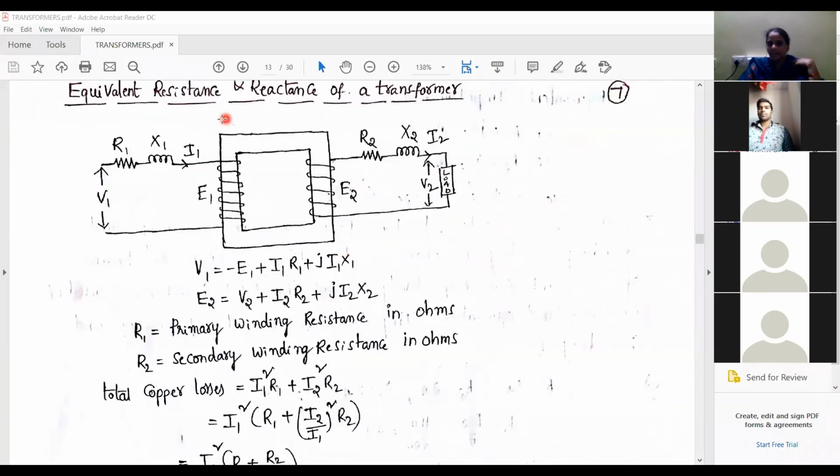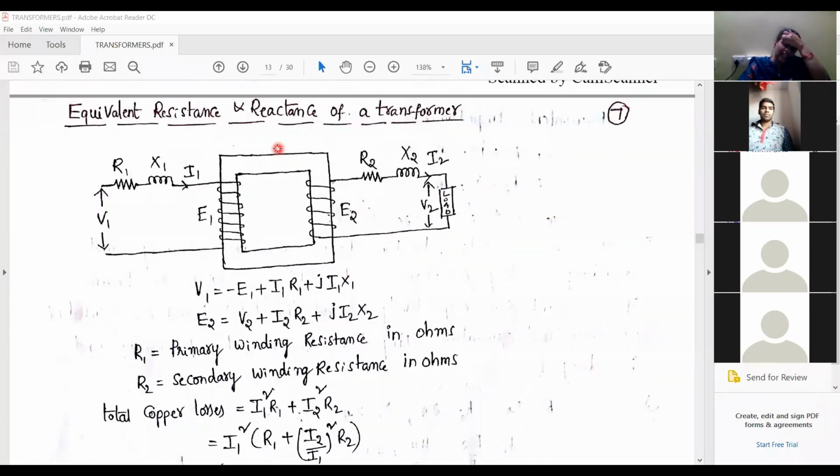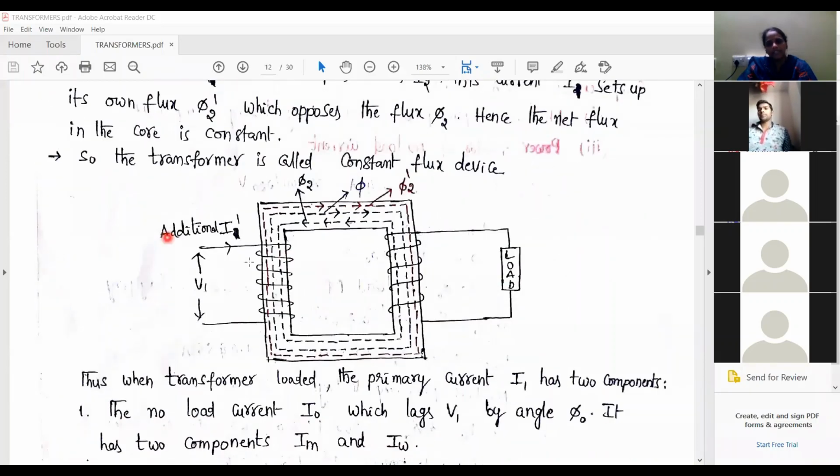This is my equivalent resistance and reactance of the transformer. Is it clear? Whenever you want to write the equivalent circuit of a transformer, you have to represent this winding in terms of resistance and reactance, and this winding also in terms of resistance and reactance.